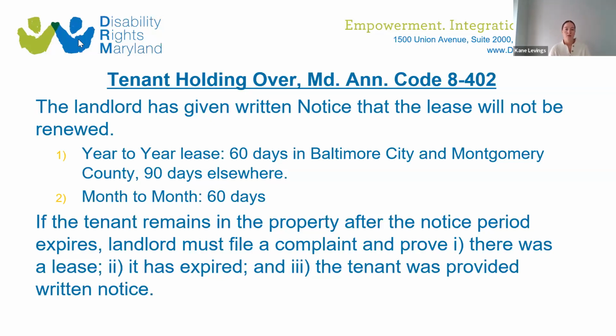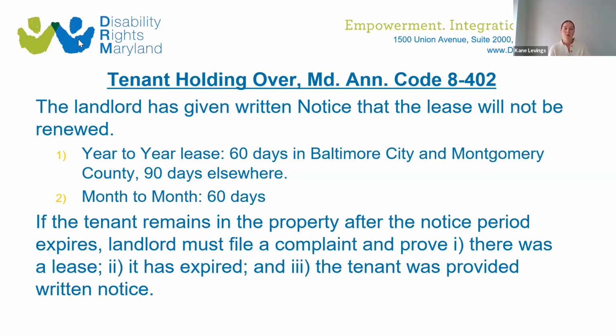If you have a client and they received a notice and it is less than 60 or 90 days, you'll perk your ears up and say, I don't think that there's been enough notice given here to claim that the tenant is actually holding over. Because if the notice isn't accurate and doesn't give the tenant the allotted amount of time that they need for the statute, then the tenant is not holding over and they could not file a complaint.